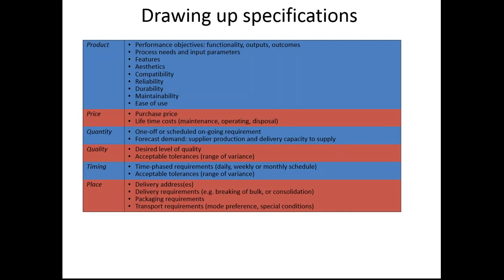Price, what is the actual purchase price? But much more than that, what are the lifetime costs applied to this? People specify products without actually thinking about lifetime. A very simple example, you might specify a Dell laptop because it's cheaper than an Apple laptop. And yes, it is, there's no doubt about that.